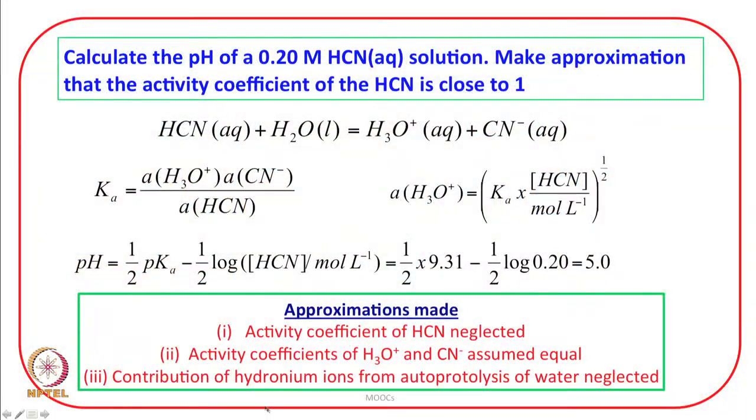Secondly, we have assumed that the activity coefficients of H3O plus and CN minus are equal. That is what we did, we equated the two and took the square. In fact, these may not be equal. This is another assumption that we have made.